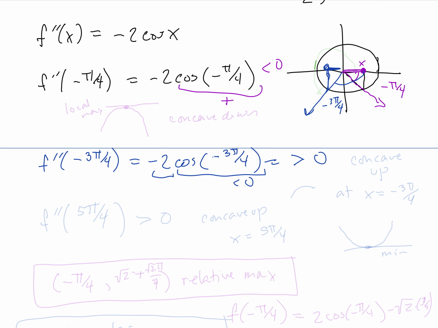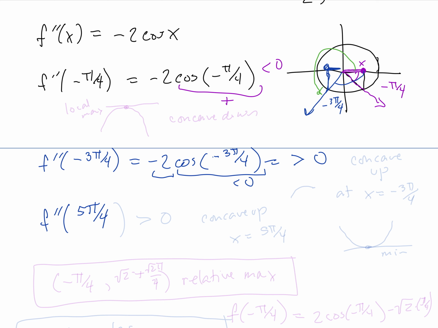And finally, plugging in our last critical value, 5 pi over 4. F double prime of 5 pi over 4, well, that's actually the exact same place. Positive 5 pi over 4 and negative 3 pi over 4 are the same.